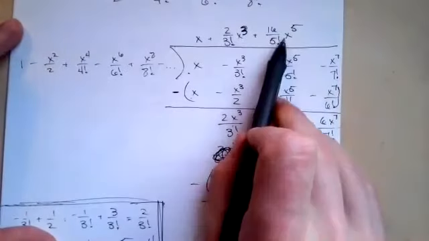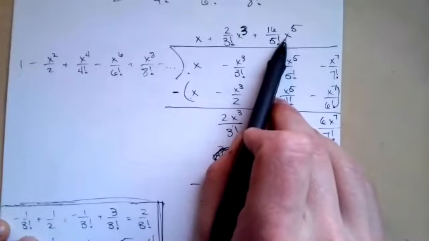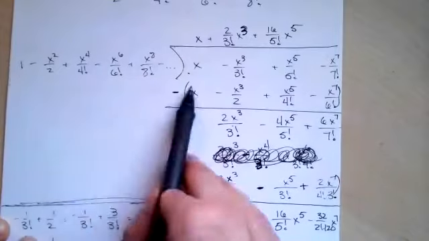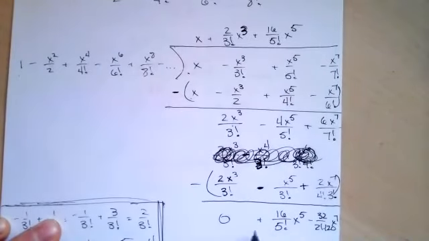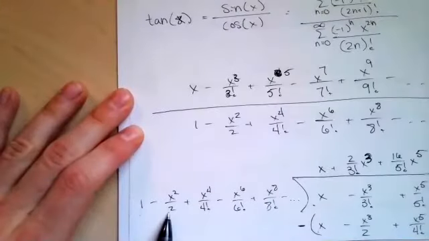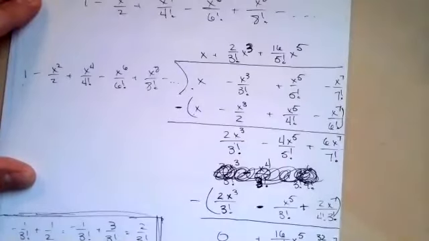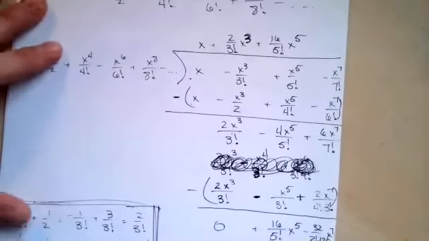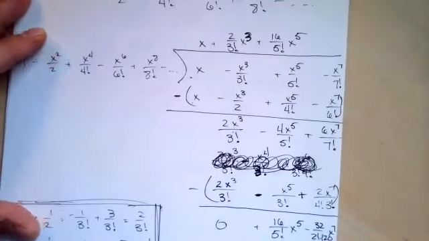Next step of the algorithm would be to take that 16 over 5 factorial x to the 5th and multiply it through by everything. So of course the first term will give us 16 over 5 factorial x to the 5th, but then we will have a minus 16 over 5 factorial times negative 1/2 over 2, and then x to the 7th.